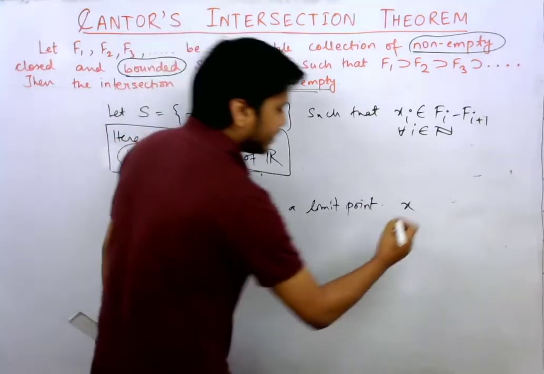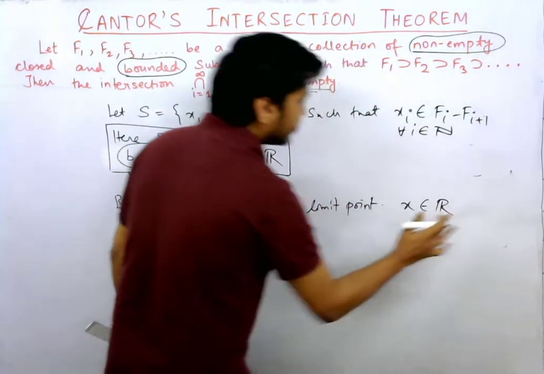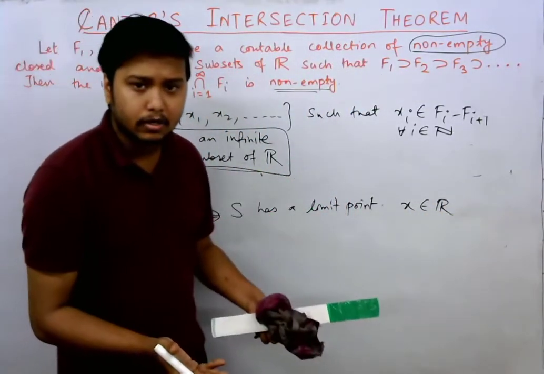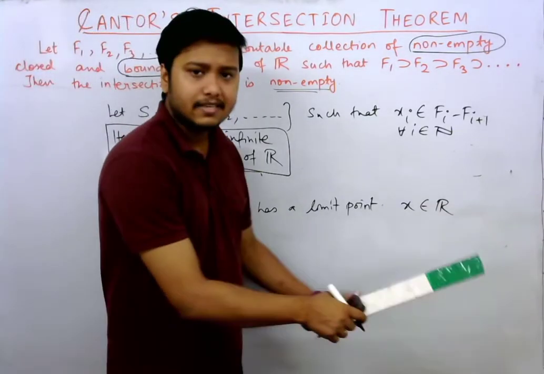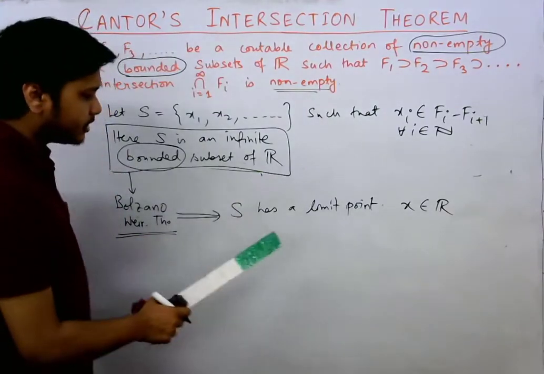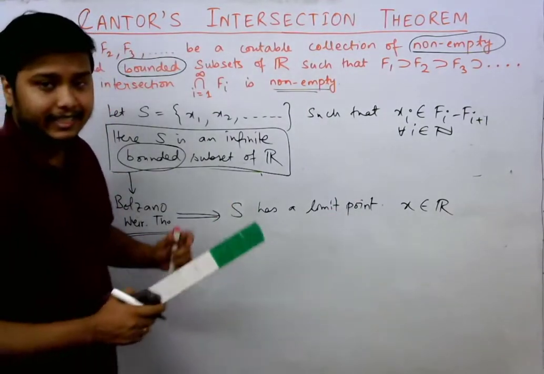So I'll say that X belongs to R, because a limit point might belong to the set, might not belong to the set. You're not sure about that. So to be specific, we'll say that X is some real number such that it is a limit point of the set S.